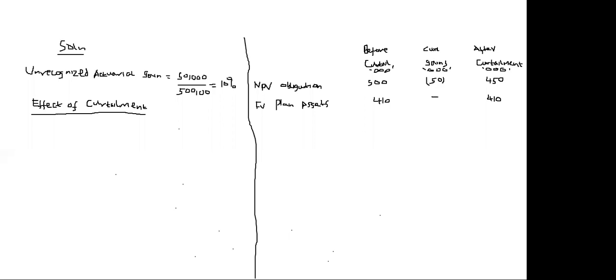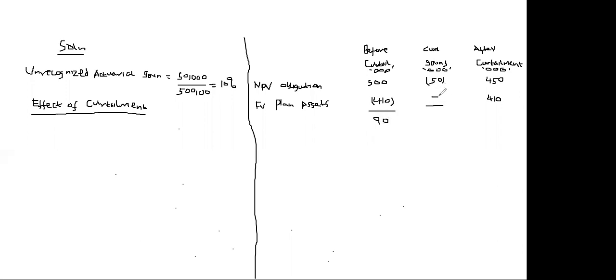So we subtract it now from the net present value obligation. So if you subtract this, here we'll have 90, the difference there.